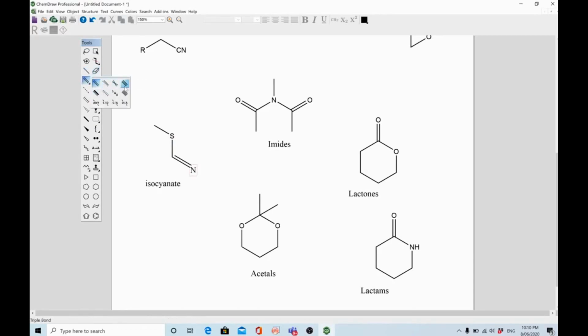Sorry, there should be a triple bond. Now they become thiocyanates. Instead of isocyanate, they become thiocyanates.